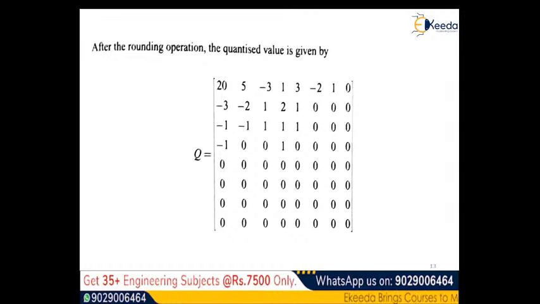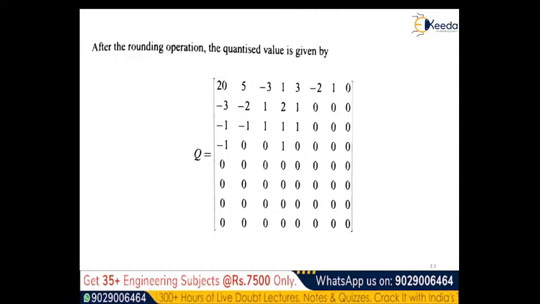The second row is minus 3, minus 2, 1, 2, 1, 0, 0, 0. The third row is minus 1, minus 1, 1, 1, 1, 0, 0, 0. The fourth row is minus 1, 0, 0, 1, 0, 0, 0, 0, and the rest of the 4 rows have all element values equal to 0.